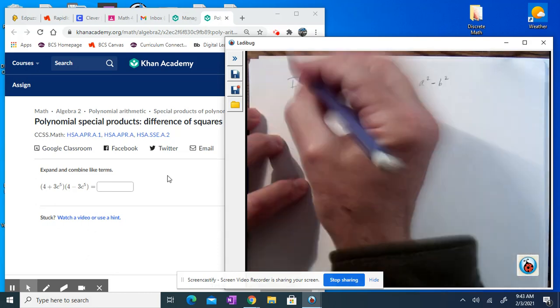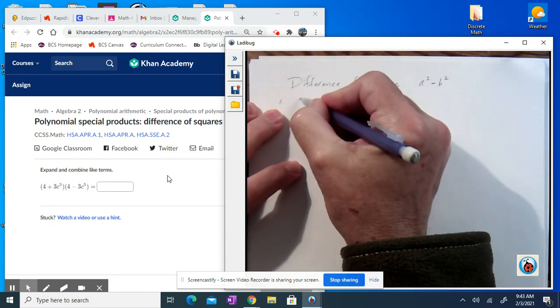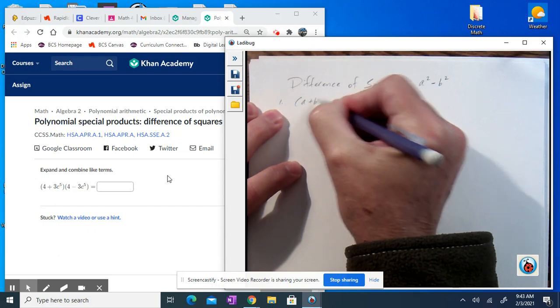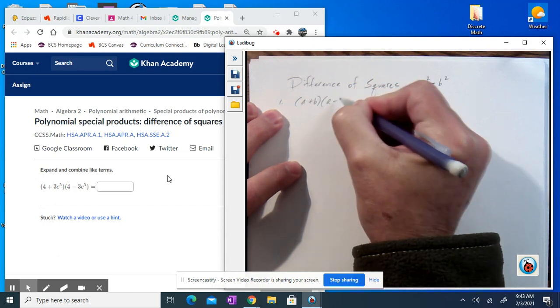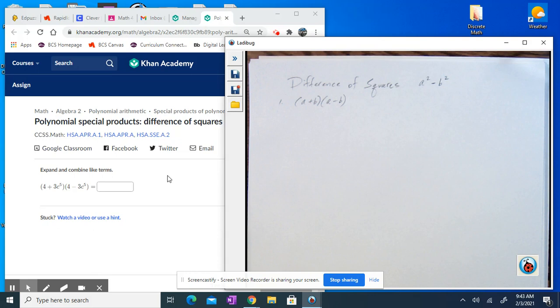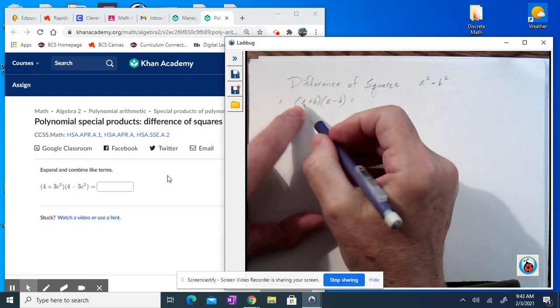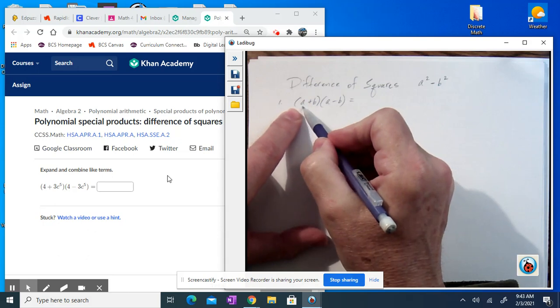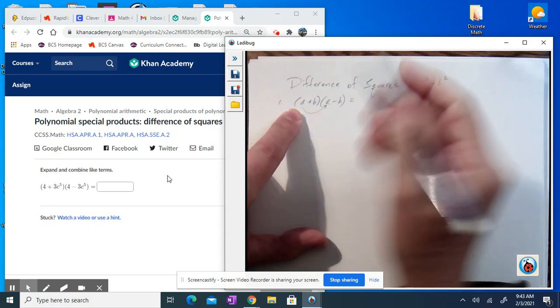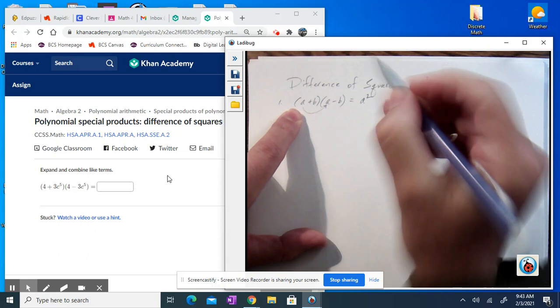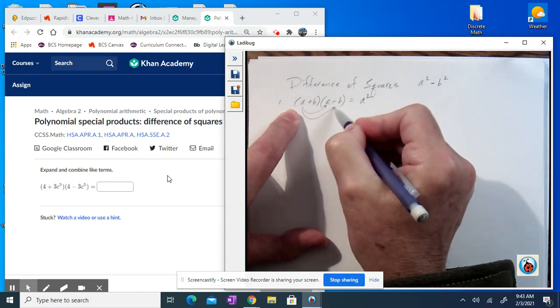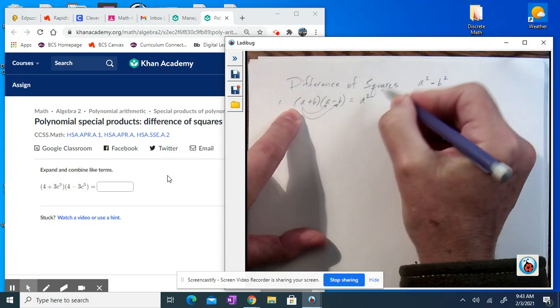If I have something like a plus b times a minus b, and I want you to multiply that, let's just go through the process. We would do a times a, which is a squared. We would do a times minus b, which is minus ab.